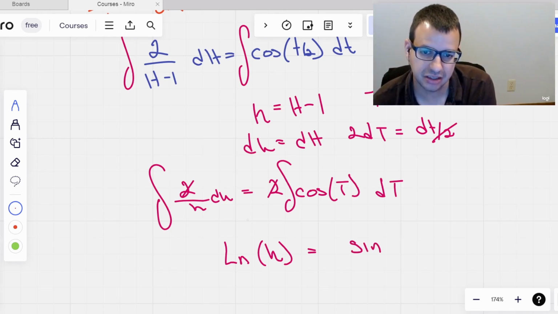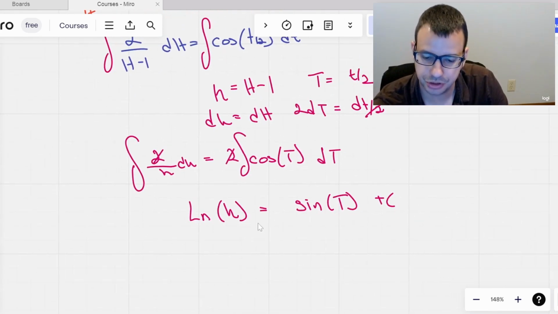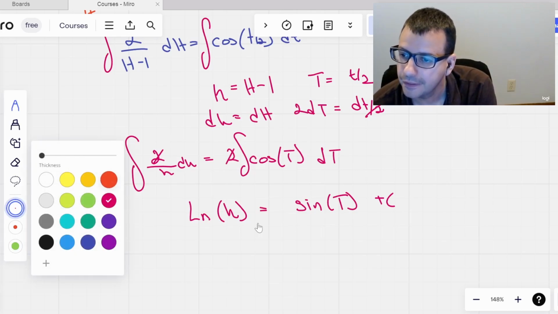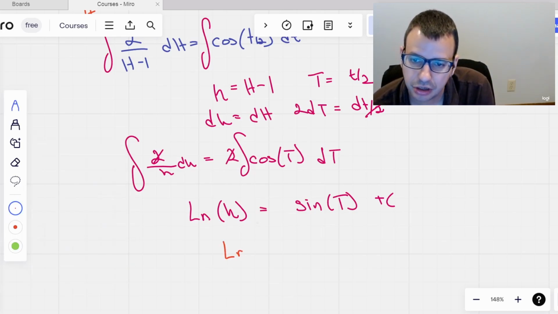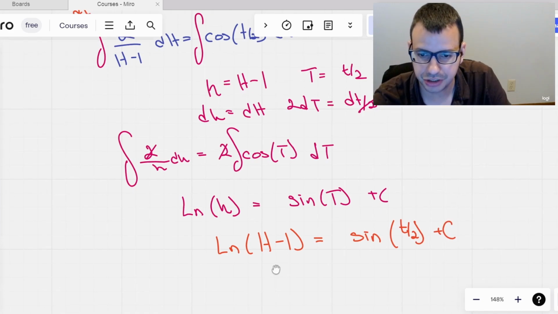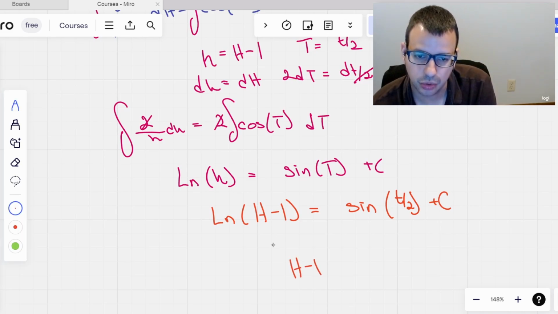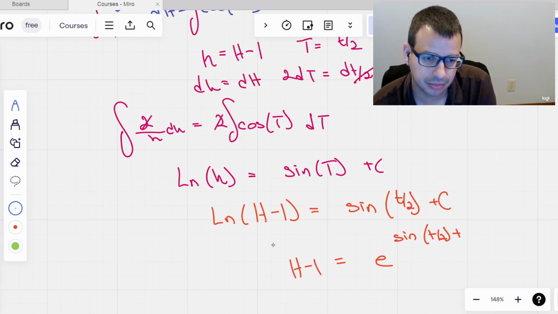So we're going to have sine of T plus c. We're going to go back to our original variables. So this is going to be natural log of h minus 1 equals sine of t over 2 plus c. To get rid of the natural log, I'm going to take e to both sides. So it's going to be h minus 1 equals e to the sine of t over 2 plus c.